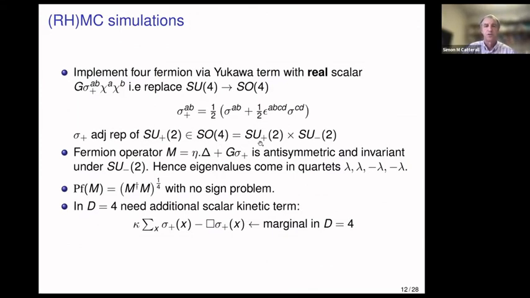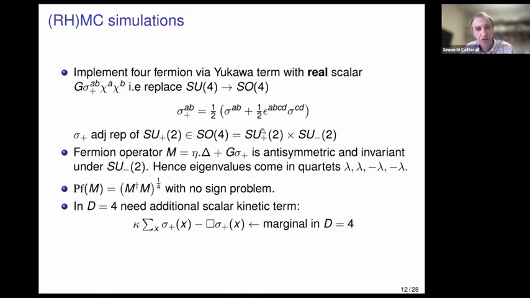All right. So the fermion operator is an antisymmetric operator. And because it's a singlet under SU2 minus, that pairs our eigenvalues and ensures we don't have a sign problem. So the eigenvalues from this operator come in quartets, lambda, minus lambda because of antisymmetry, and everything doubled up because everything is in a singlet under the other SU2. So the Pfaffian can be simulated with RHMC simulations with no sign problem. That was one of our motivations early on.